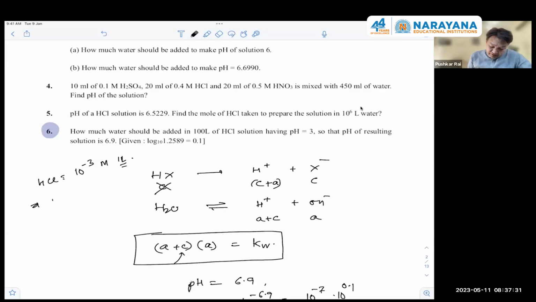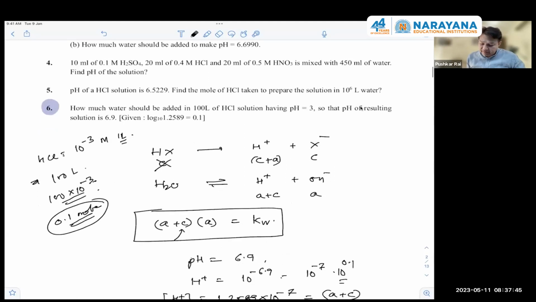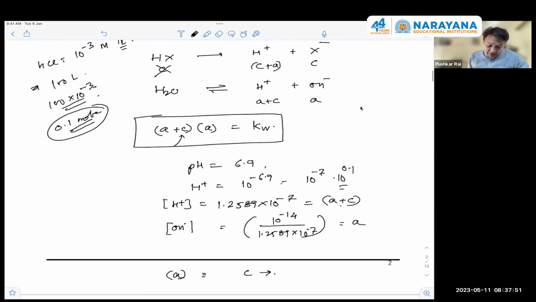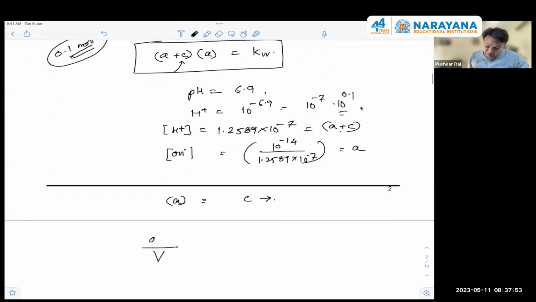Which means that in 100 liters, it must have been 100 into 10 to the power minus 3, which is 0.1 mole. How much water should be added? Let us say we have added V liters. So we can say that total V divided by 0.1 mole, since we know that was present initially, must be equal to C.